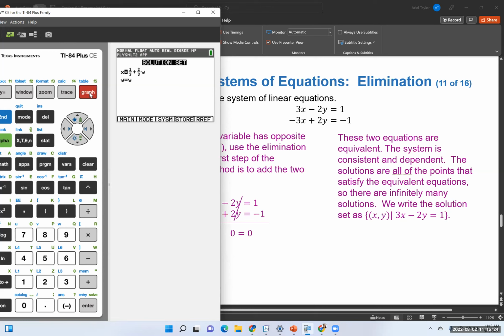I will tell y'all that this either means there's no solution or there are infinitely many solutions. And in this case, there are infinitely many solutions. How do I know the difference? One, these are the same line.